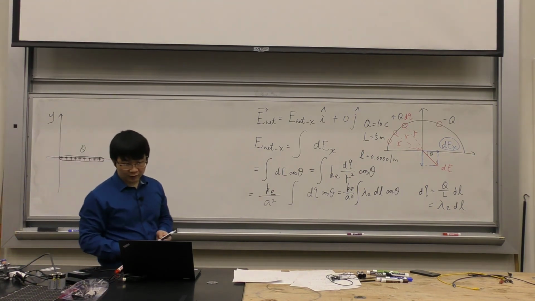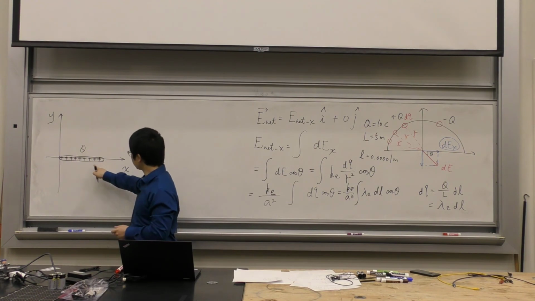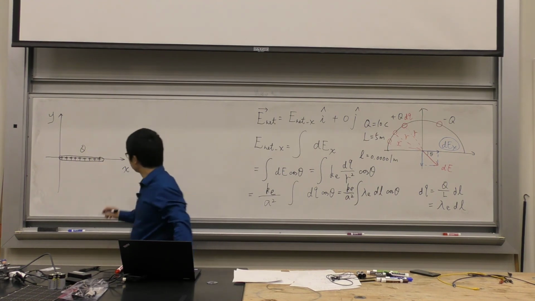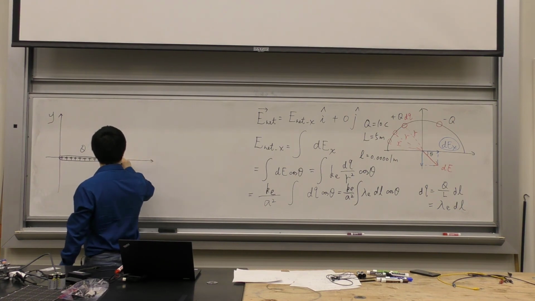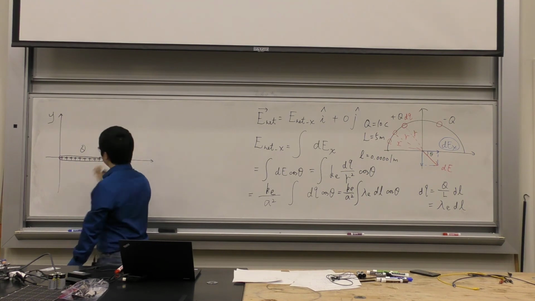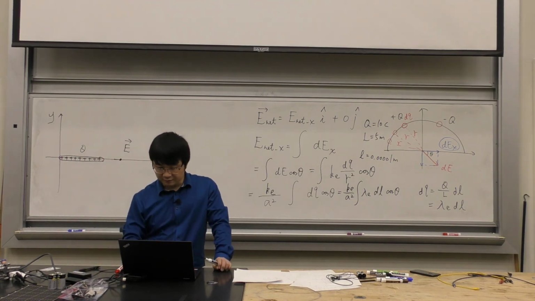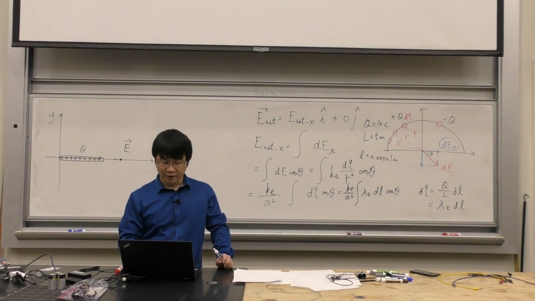I want to find the electric field created by this source charge at a point here. And then once I find the electric field, I'm going to place this test charge little q there to find the force, right? But finding the force, as I said, is going to be the easy part. Finding the electric field is the hard part. So let's find this electric field.